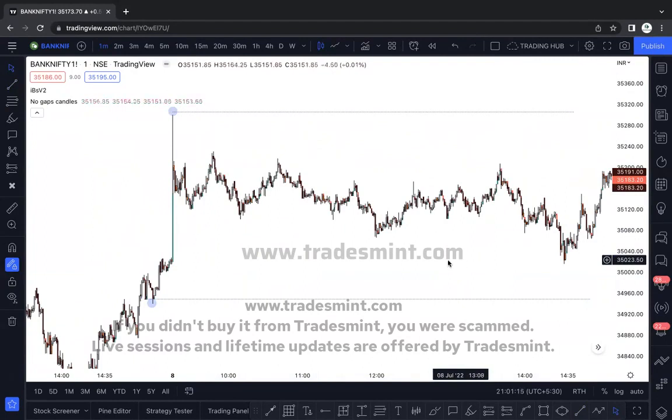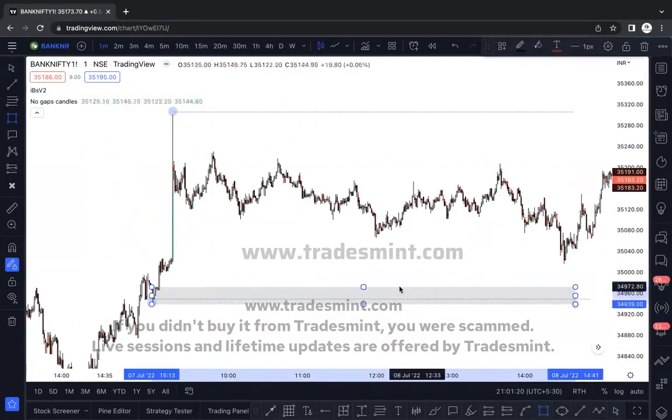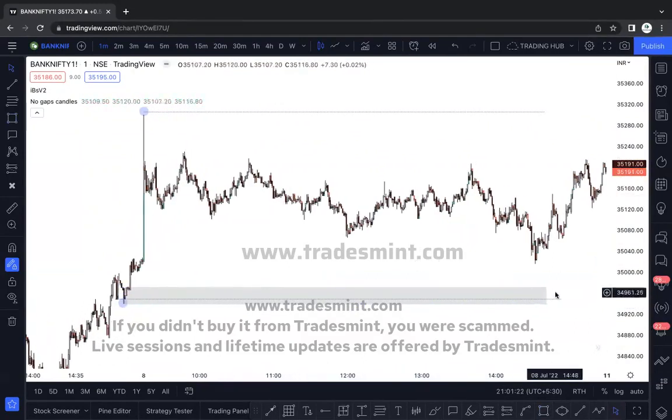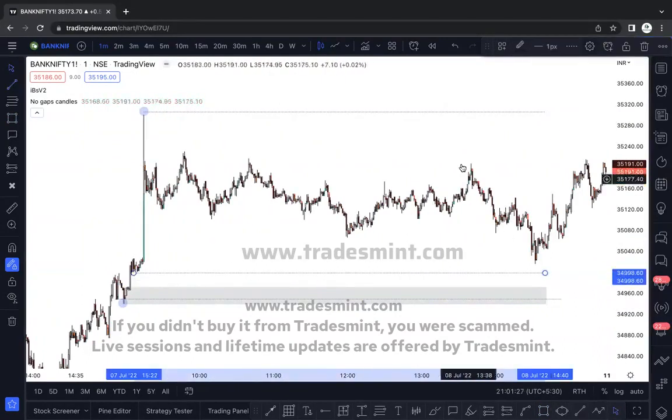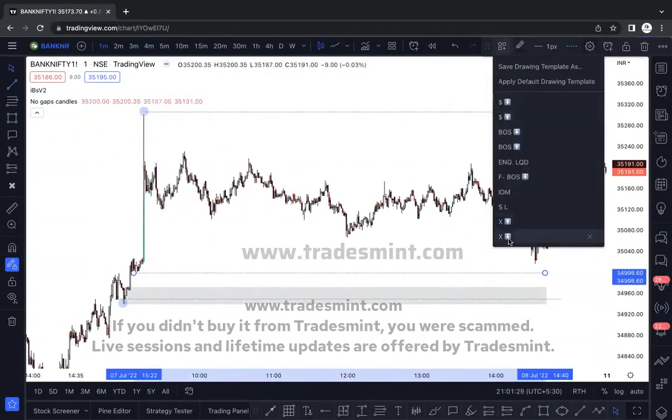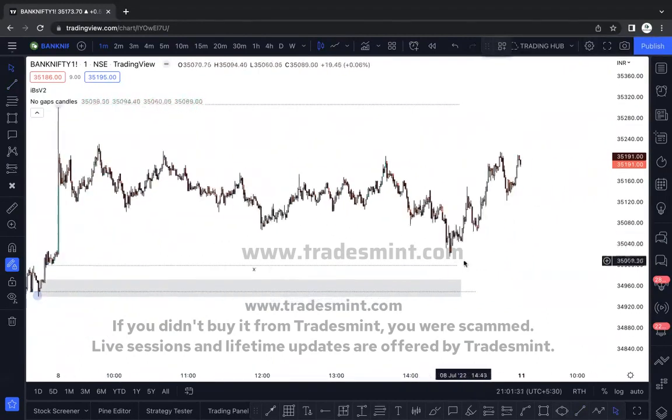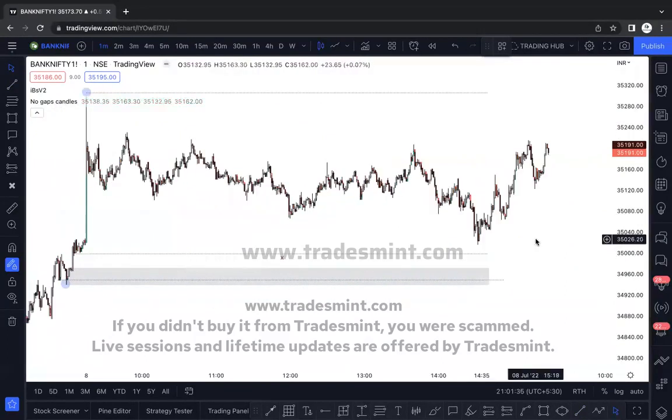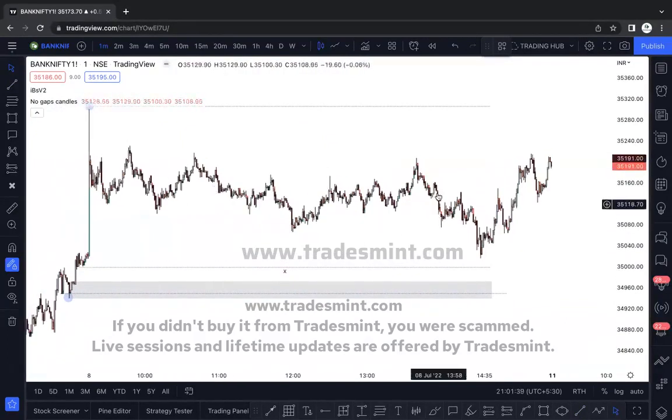The price must come back here because this is a zone where we can take a buy entry, and this low acts like an inducement. If the market is trading below this, then you can take a risk for the buy. And this is a ranging market. There is no need to do anything, buy or sell. Okay, got it, sir. Thank you, sir.